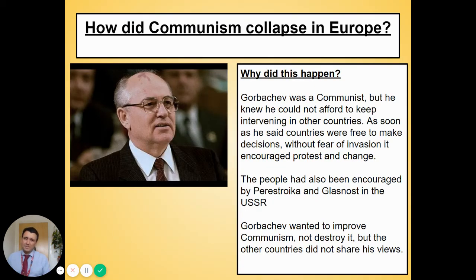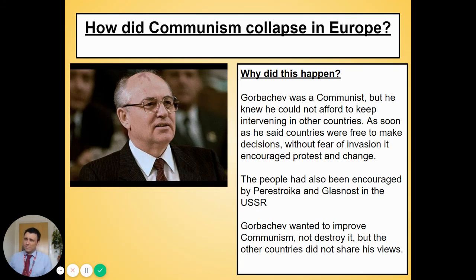Now, we need to try to understand why this happened, and here's a key point here. Gorbachev was a communist, but he knew he couldn't afford to intervene with other countries when they tried to break free. It was simply too expensive for the USSR. Now, as soon as Gorbachev announces this and says that countries were free to make decisions with the Brezhnev Doctrine and the USSR would not invade, that just encouraged protest and change in those satellite states.